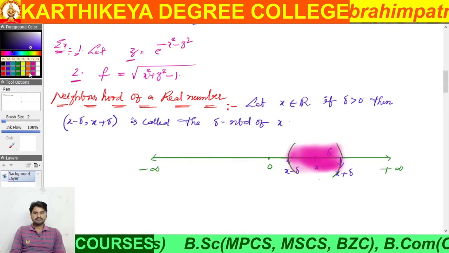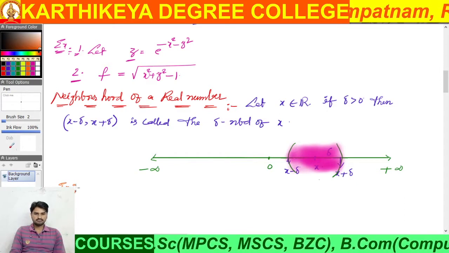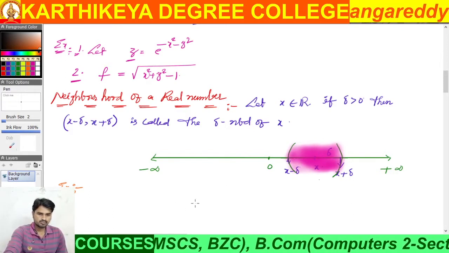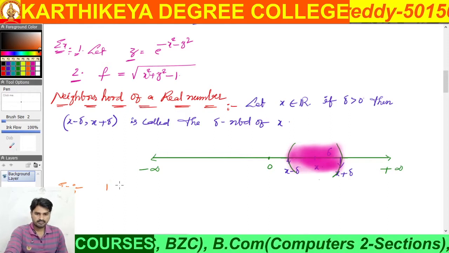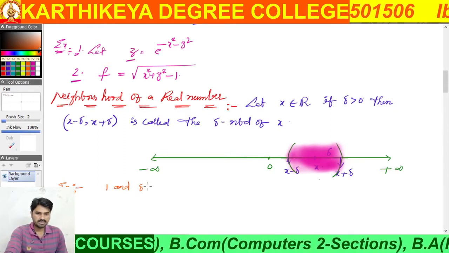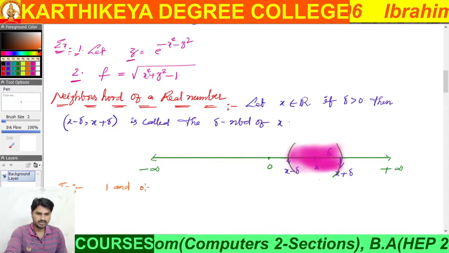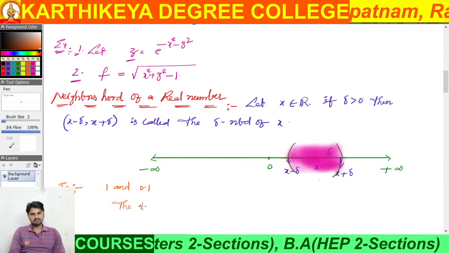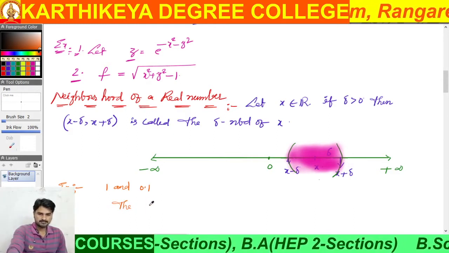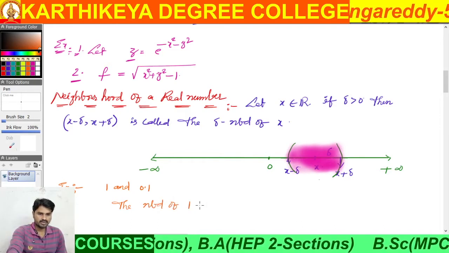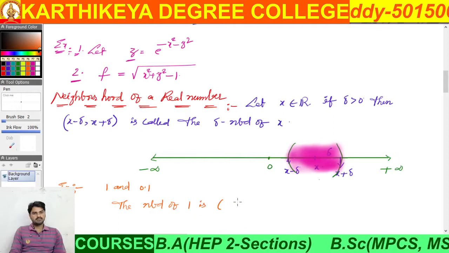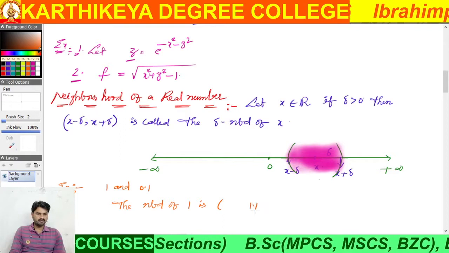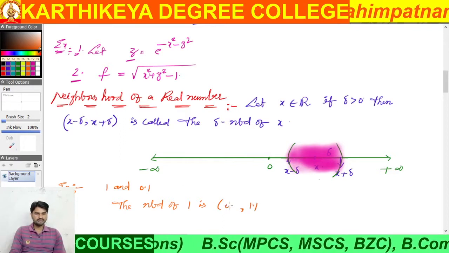So for example, if you take the number 1 and a length delta of 0.1 unit distance, the neighborhood of 1: the right point of 1 is 1.1 and the left point of 1 is 0.9.